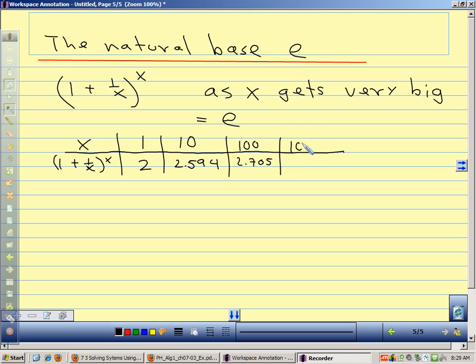If x equals 1,000, we get 2.717. And if x equals 10,000, we get 2.7181. And if x equals 100,000, this expression comes out to be 2.7183.